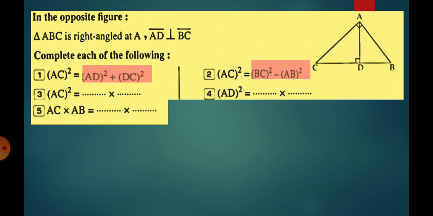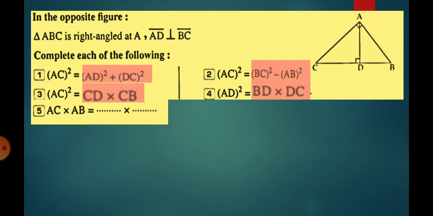Catch the point belonging to the hypotenuse, C. Then AC power 2 equals CD times CB. Number 4: AD power 2, catch the point belonging to the hypotenuse, D. AD power 2 equals DB times DC.